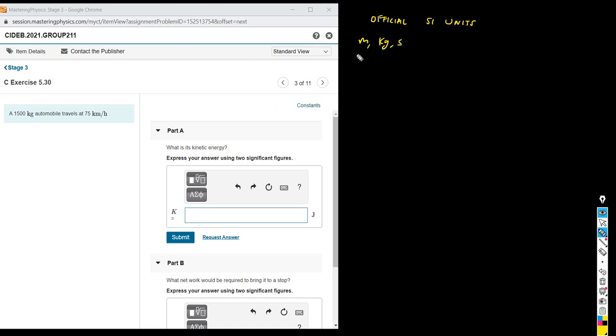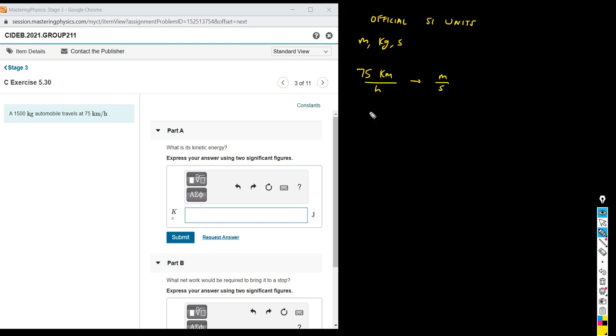If you're not given those units in your quantities, you need to transform. For example, this 75 kilometers per hour, I'm going to transform into meters per second.